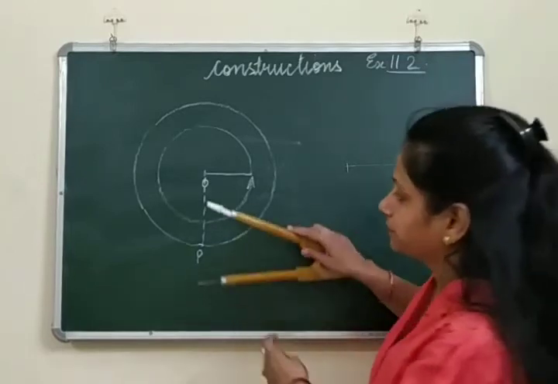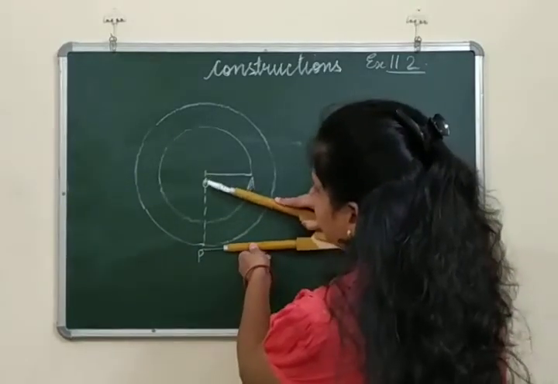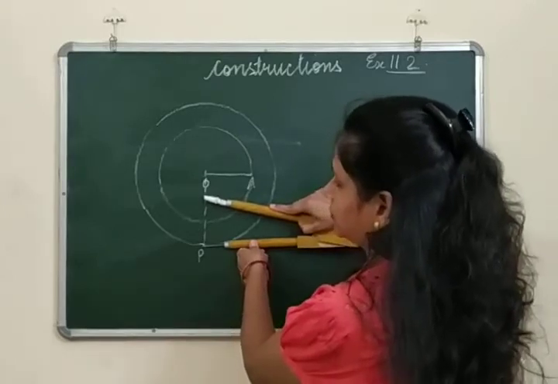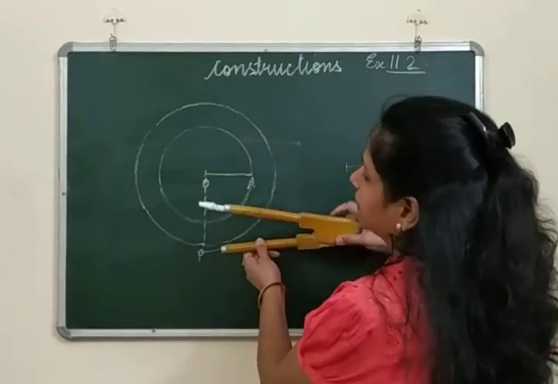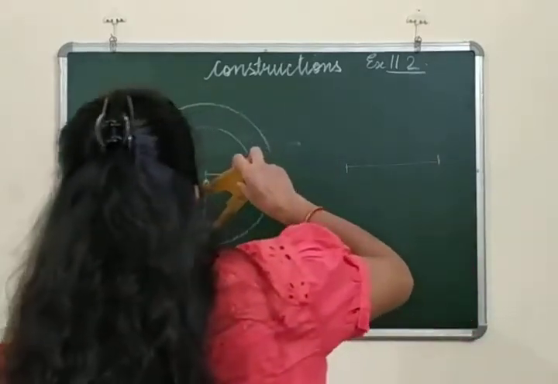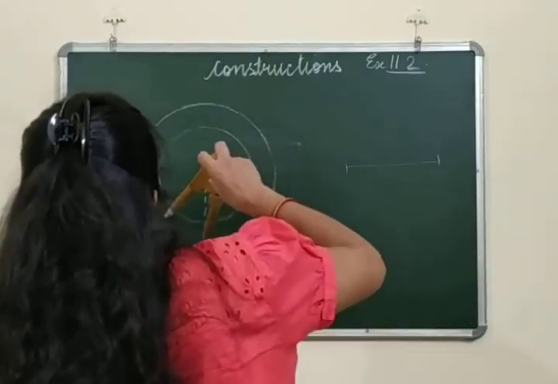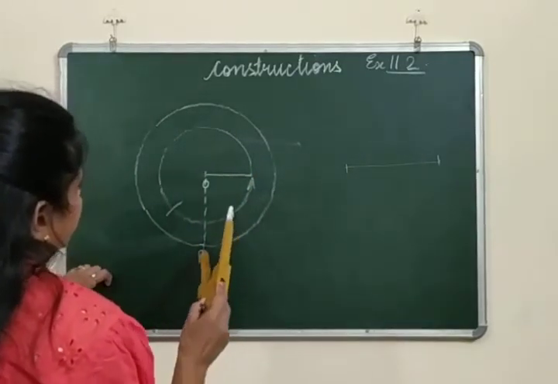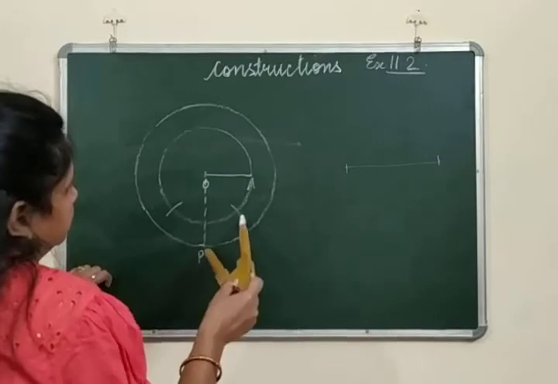Now see how? I'll take more than half of it, say this much, roughly we can take, need not to measure more than half. इतना measure किया, एक बार पॉइंट P पर रखना है, see, and you have to make an arc like this. Again on point P you have to keep, and you have to make an arc like this.